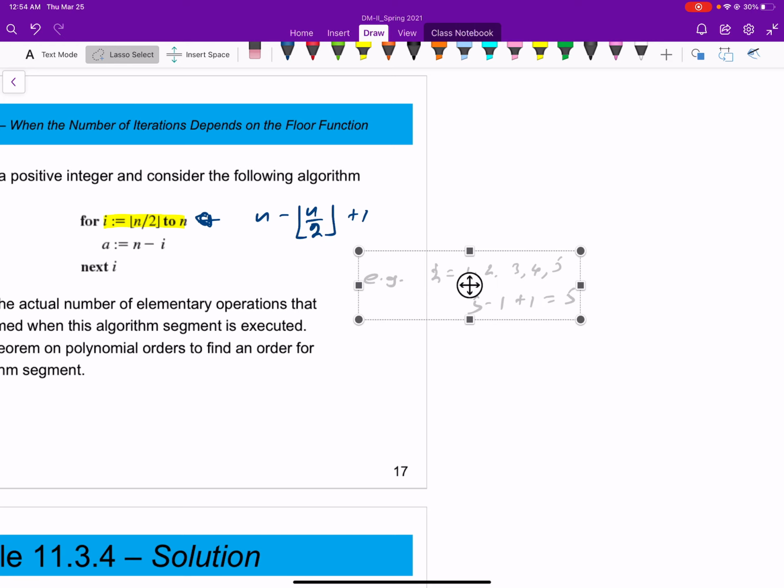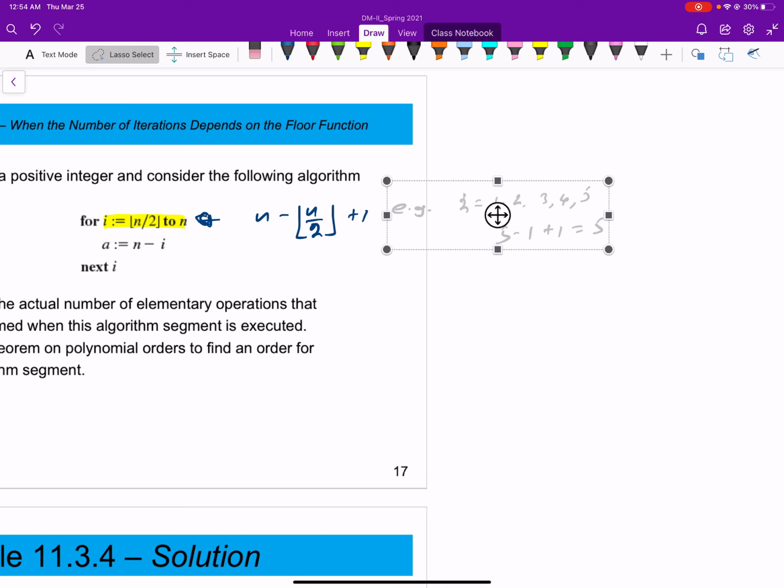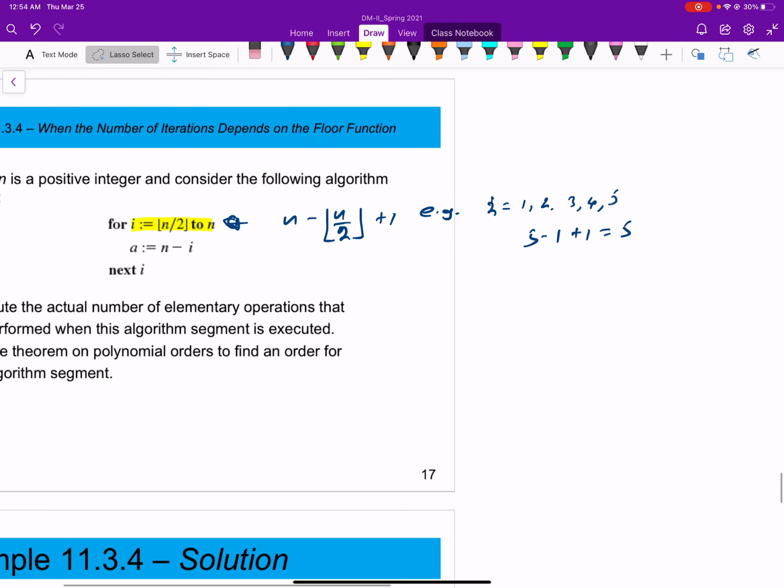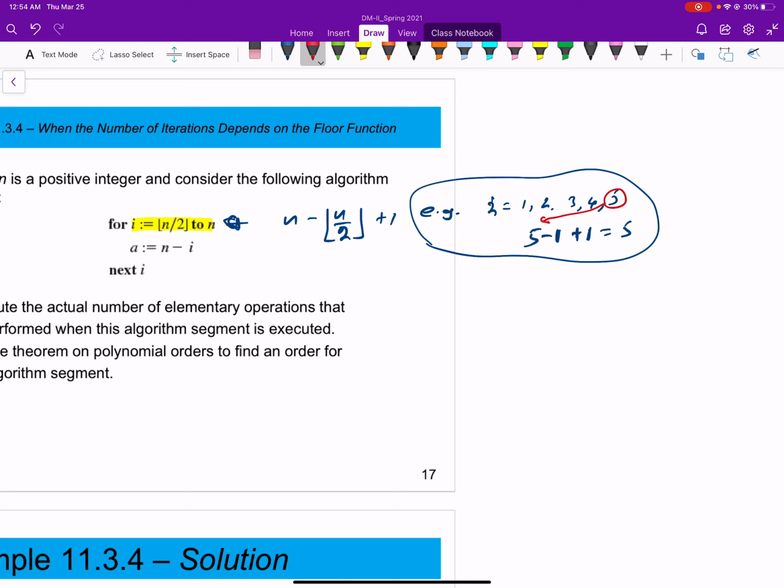So you have to add 1 actually, just add 1 to get the corresponding number of operations. The 5 means the end, and the 1 is the start. Then you have to add 1.